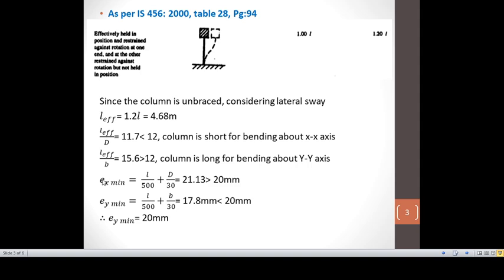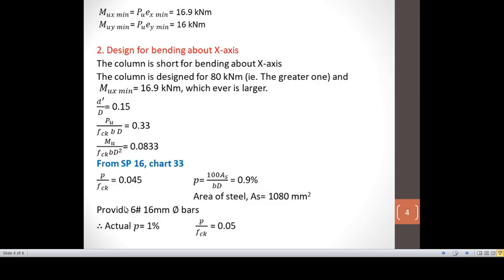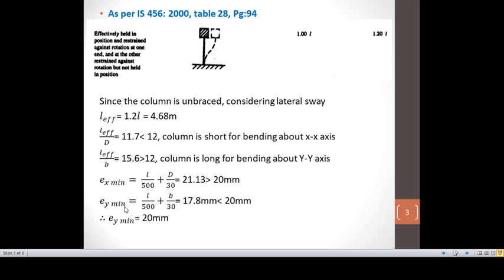Next, I am going to calculate the eccentricity. Eccentricity is calculated using the equation L by 500 plus D by 30. Here also, D is the dimension perpendicular to the axis considered. So while calculating Ex minimum, the equation is L by 500 plus D by 30, and while calculating Ey minimum, the equation is L by 500 plus B by 30.